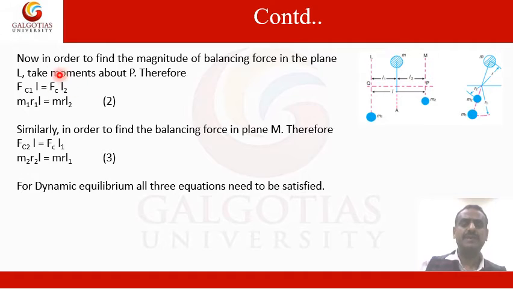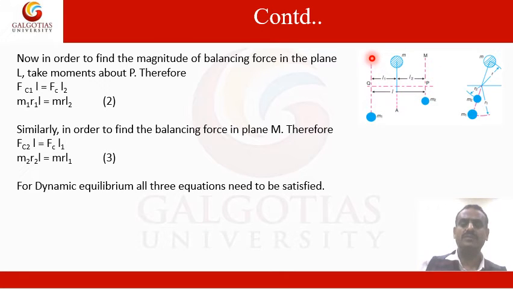The equation becomes Fc1 L equal to Fc L2. After substituting the centrifugal force values and neglecting omega, because angular velocity is the same for all the masses, the equation reduces to m1r1l equal to mrl2.